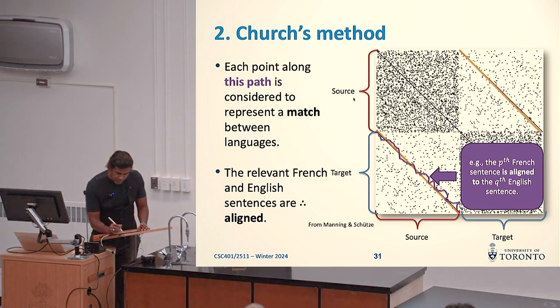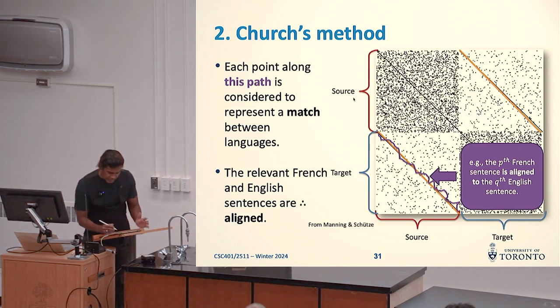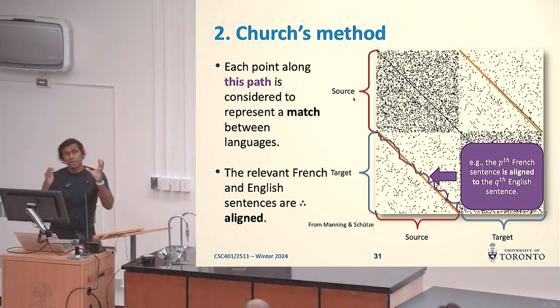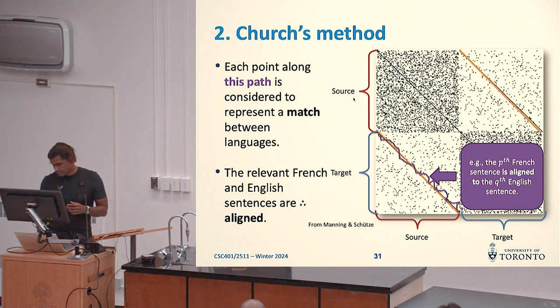So over here, let's say you're looking at this and saying that, oh, the P French sentence is aligned to the, maybe there's a sentence break over here. So this is the Q English sentence, and let's say this is within some French sentence. So I'm going to add an entry to my alignment saying that one of the rows in the beads is FP aligned with EQ, and then move on and keep traversing. So you get the idea, you can draw up an alignment table like that.